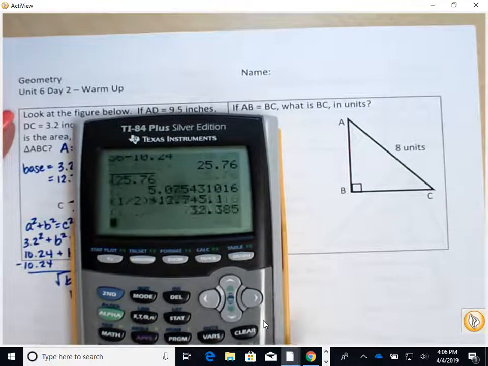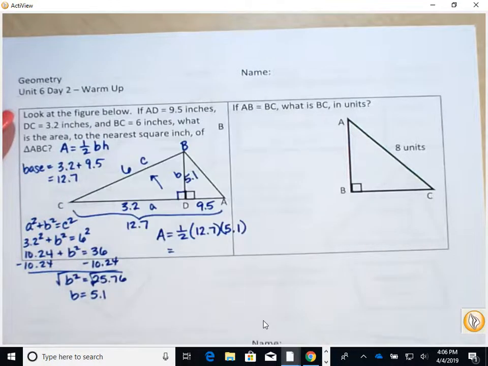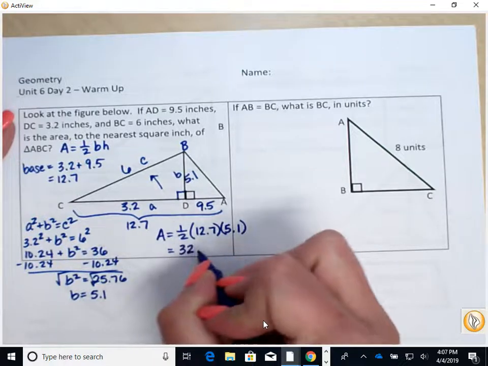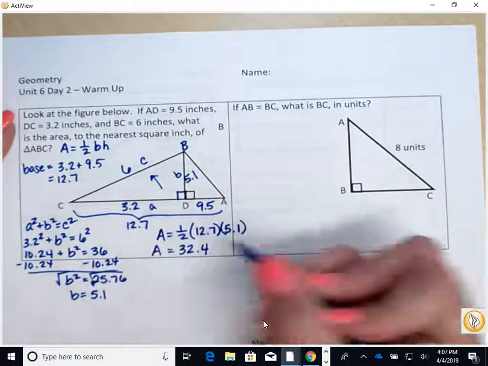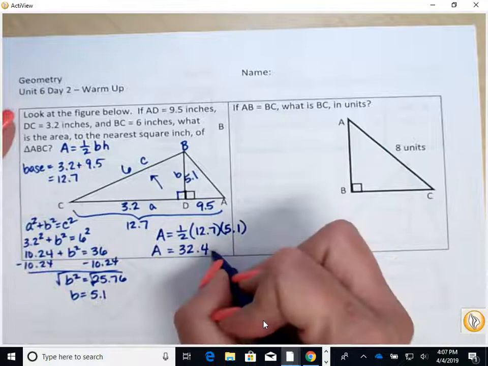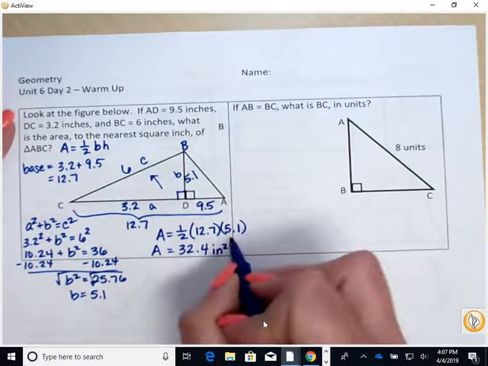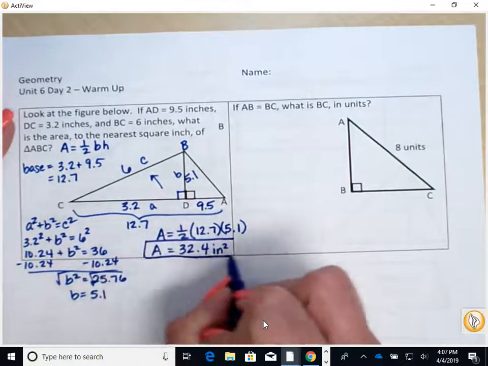We get 32.385, so we'll round that to 32.4. And all these units were inches, and area is inches squared, so our answer is 32.4 inches squared.